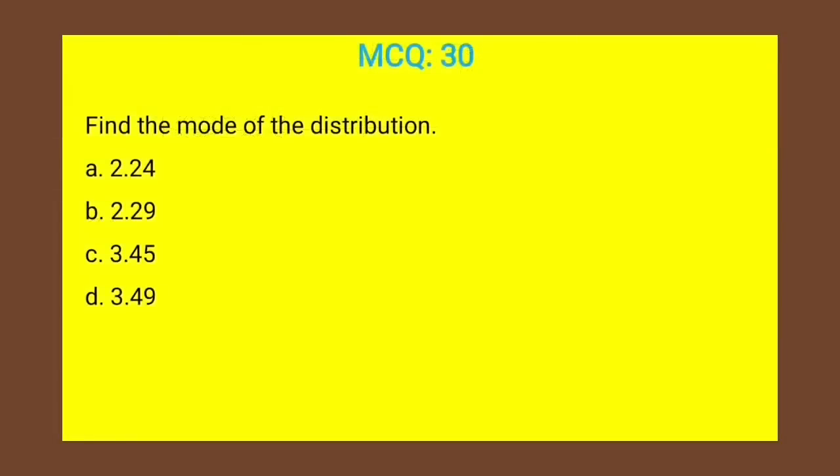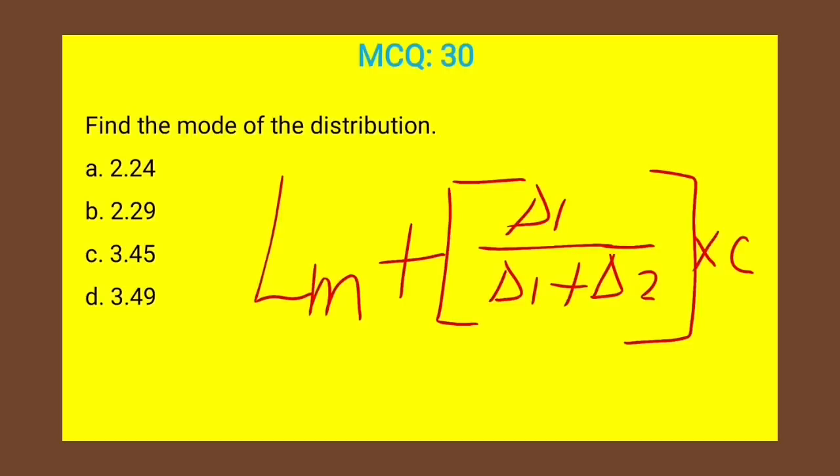Then third, C, you are asked to find the mode. So to find the mode, mode is actually calculated as follows. So this is how we calculate the mode. The LM means the lower class limit or lower class boundary of the modal class.